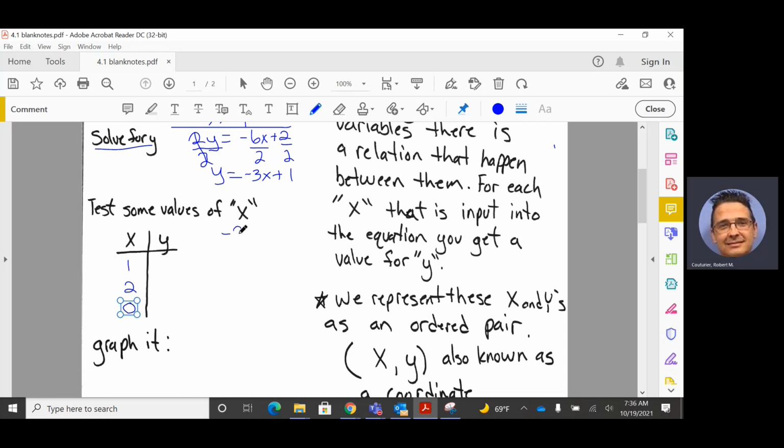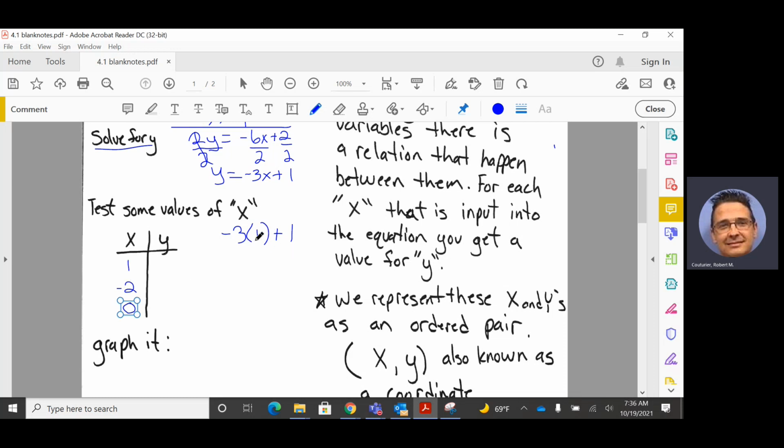We want to remove the x and plug in a 1. Notice I wrap it in parentheses. When you substitute something into an equation, you remove the variable, you put a set of parentheses in there, and you plug it in. And I'm going to change this here. Watch, I'm going to change this to a negative so we can see why as we evaluate these.